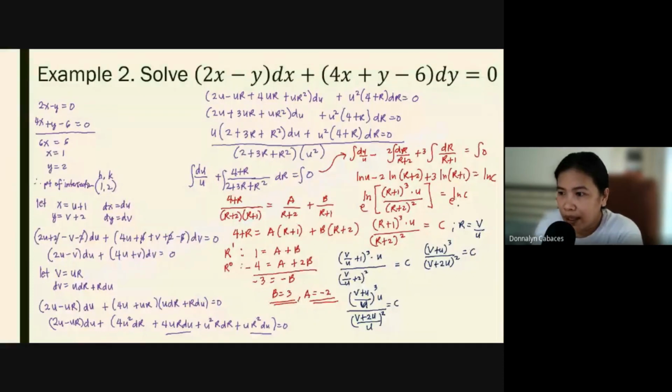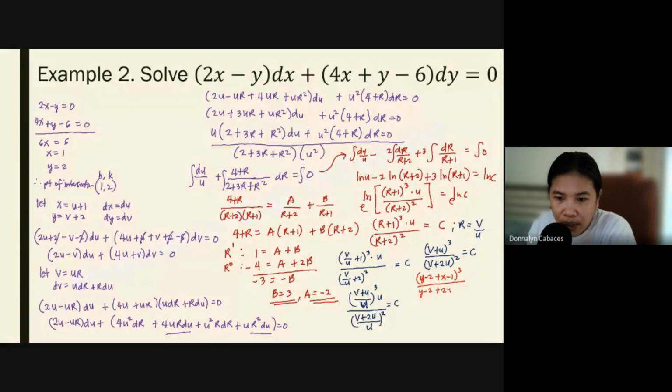Then, let's replace the u and v. What is u? x minus 1 and v is y minus 2. So, our v is y minus 2 and our u is x minus 1. So, plus x minus 1 cube over again, our v is y minus 2 plus our u is x minus 1.